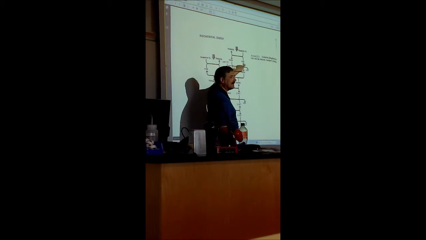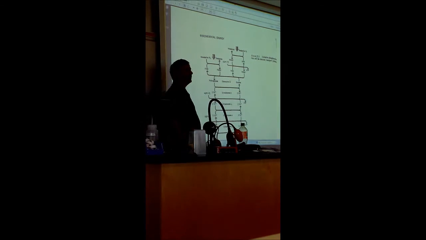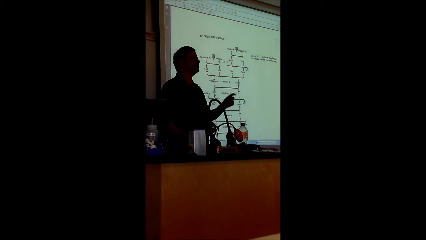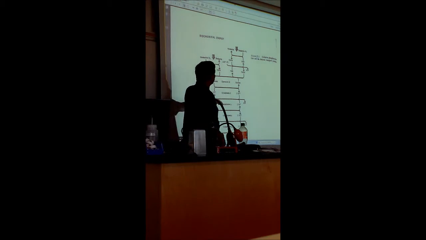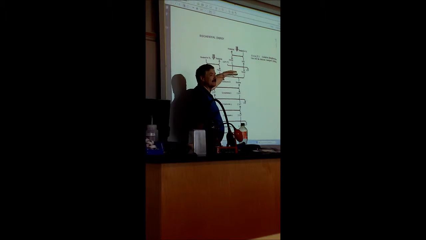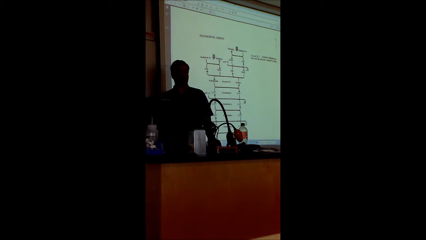So again, it's just going around and around. Quinone received an electron, it's been reduced, forming hydroquinone. Essentially, this whole pathway is just a series of electron transfers. Every single molecule that you're looking at up there is going to receive an electron from the molecule above, and will pass it on to the molecule below.